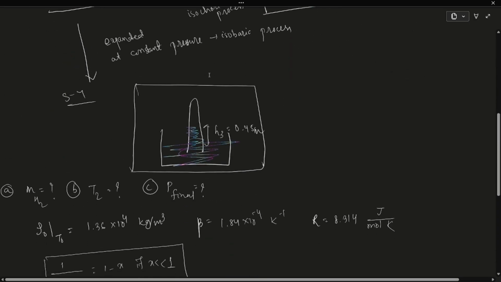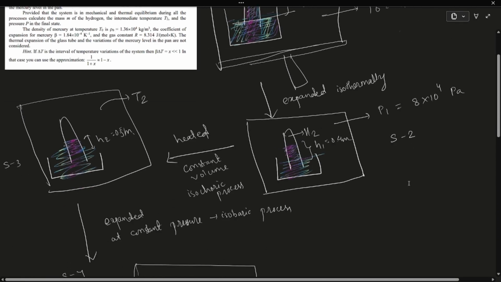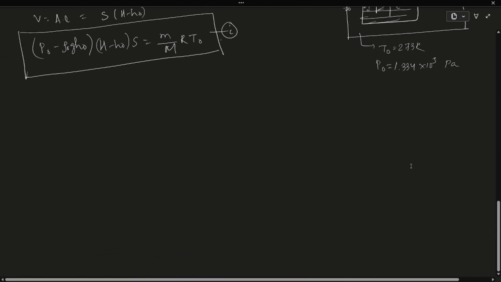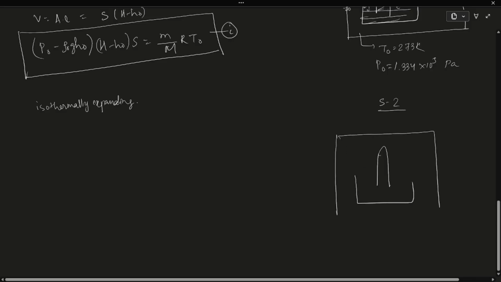Okay. Then write for scenario 2. Scenario 2, we are isothermally expanding. This is our tube, this is the pan, this is the chamber.